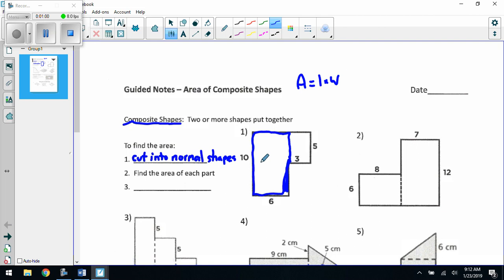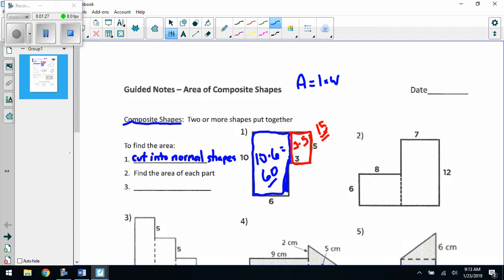So we're going to do that. The length and the width of this first rectangle would be 10 times 6, which we know is 60. So let's go ahead and find our second rectangle, which is this guy here. You can see the length and the width is 3 times 5, which we know is 15.